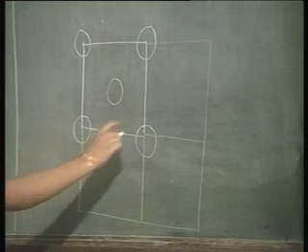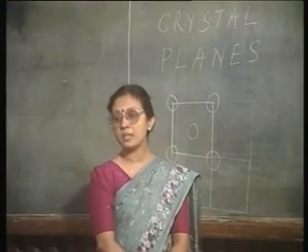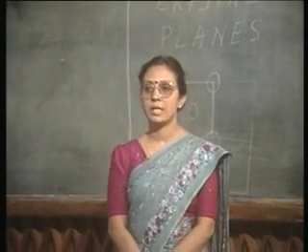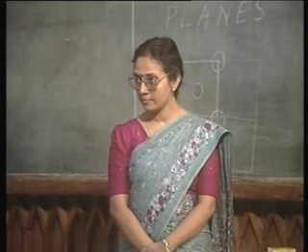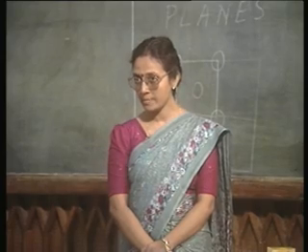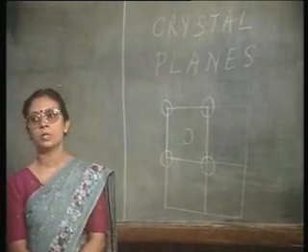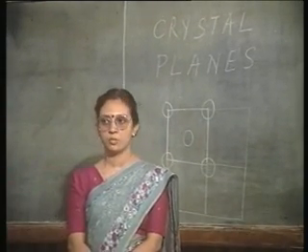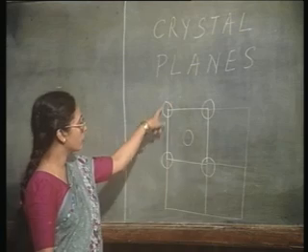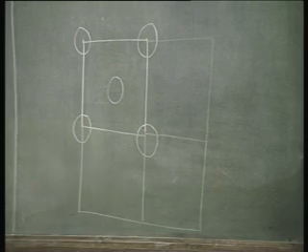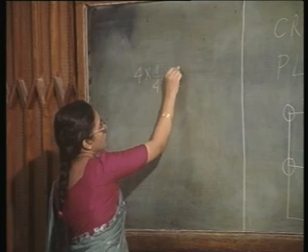Now, since there is nothing to distinguish between this corner atom and this corner atom, it implies that all the corner atoms are shared by 4 of the 1 0 0 planes, right. So, the contribution of these corner atoms to one particular 1 0 0 plane is going to be 1/4. And since I have 4 such corner atoms, the total contribution is going to be 4 into 1/4.